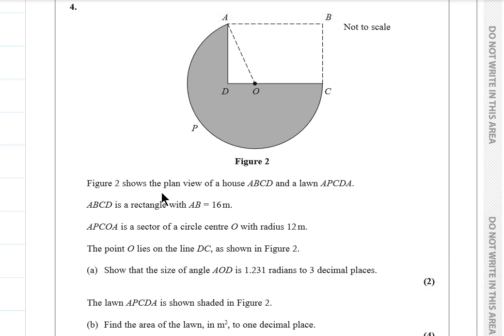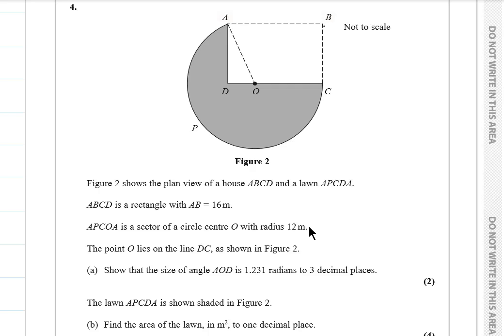4. Figure 2 shows the plan view of a house ABCDA. ABCD is a rectangle with AB 16, and APCOA is a sector of a circle with center O and radius 12 meters.